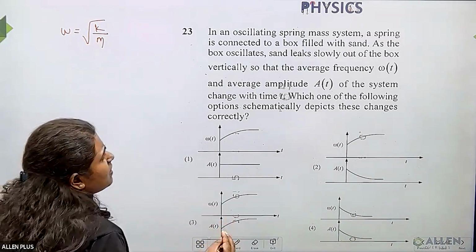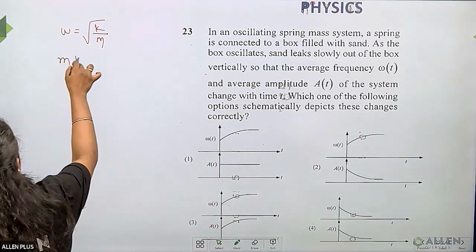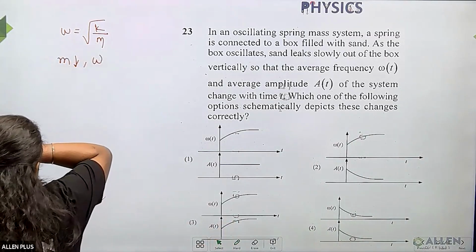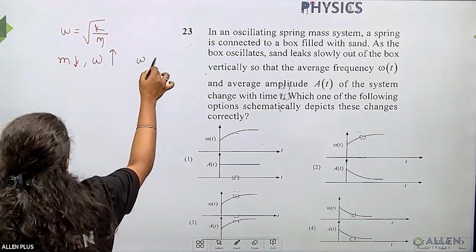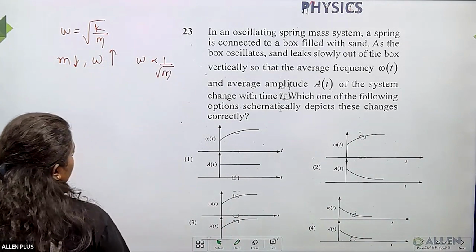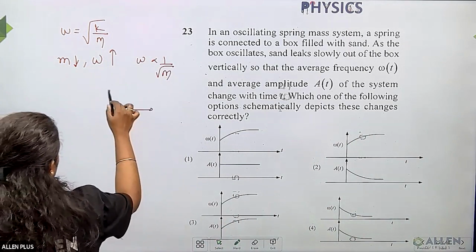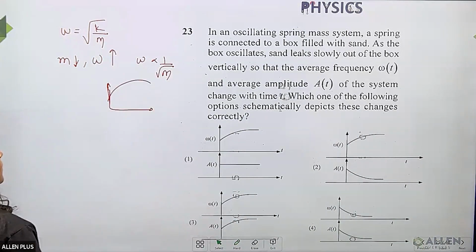Now, when the sand particles are slowly leaking out, what is happening? The mass value is decreasing, and hence the frequency value will increase. So, omega is inversely proportional to root over m. So for this, the graph would be somewhat like this. Now, again, what is happening to the amplitude?